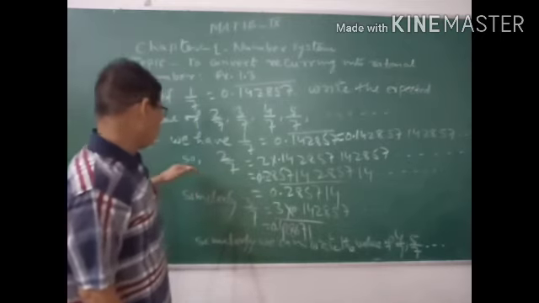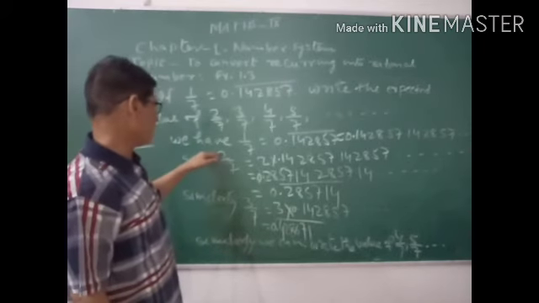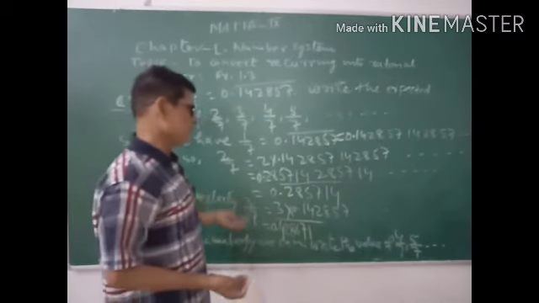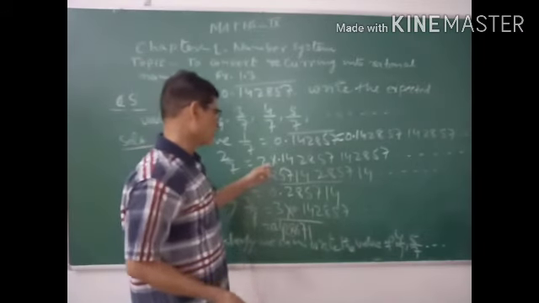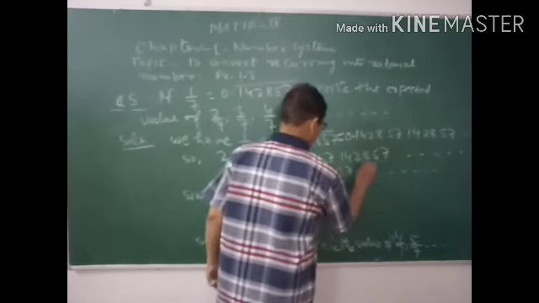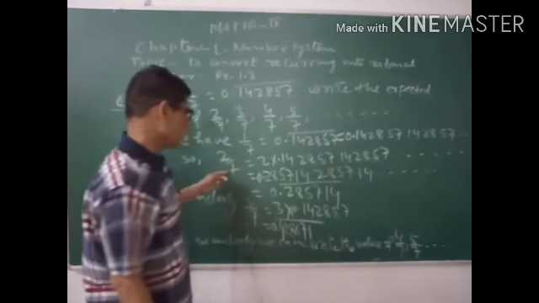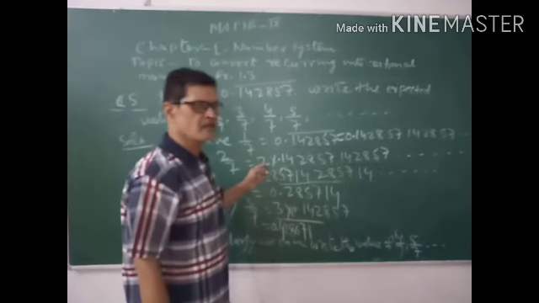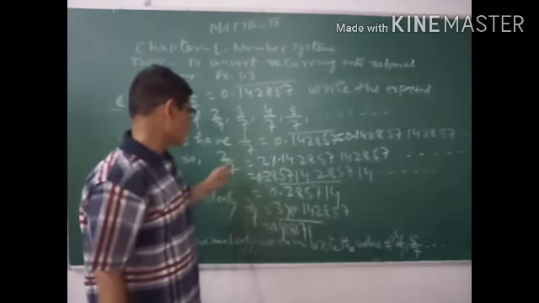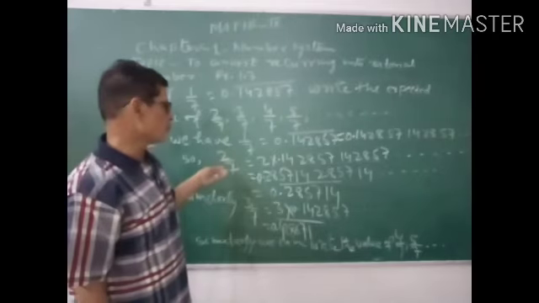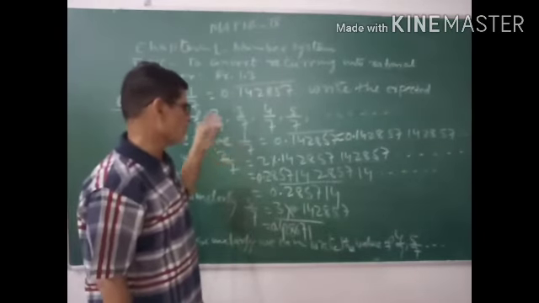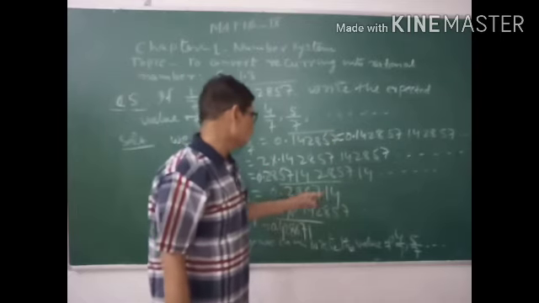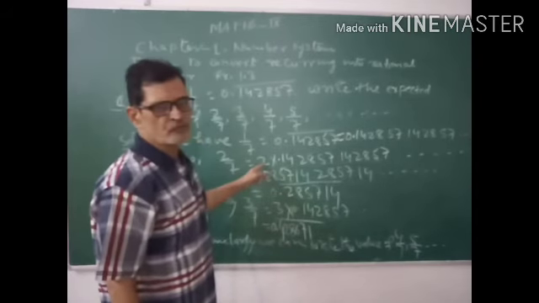Now we want to write the value of 2 by 7. It is very simple. If we multiply these things, then we can get the value of 2 by 7, because this is the value of 1 by 7. The value of 2 by 7 will be 2 times the value of 1 by 7. I removed the recurring here only to multiply by 2.